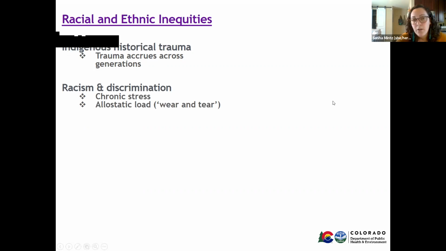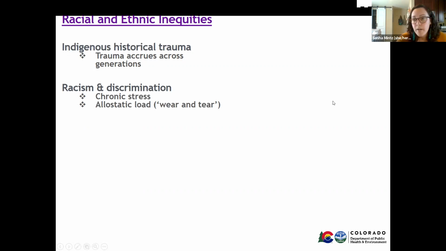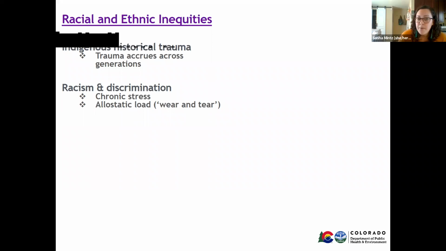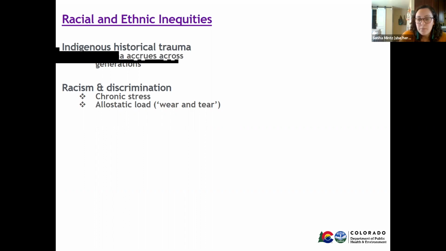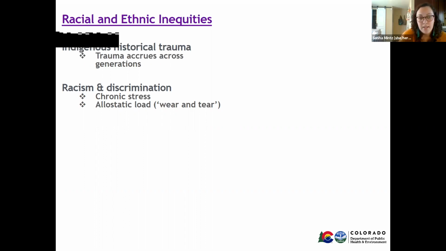Additionally, people of color who report experiencing unfair treatment, racism, and discrimination across the lifespan experience poor mental and physical health. For example, there's a growing body of research showing that the chronic stress created by everyday experiences of racism and discrimination contribute to allostatic load, or wear and tear on the body.